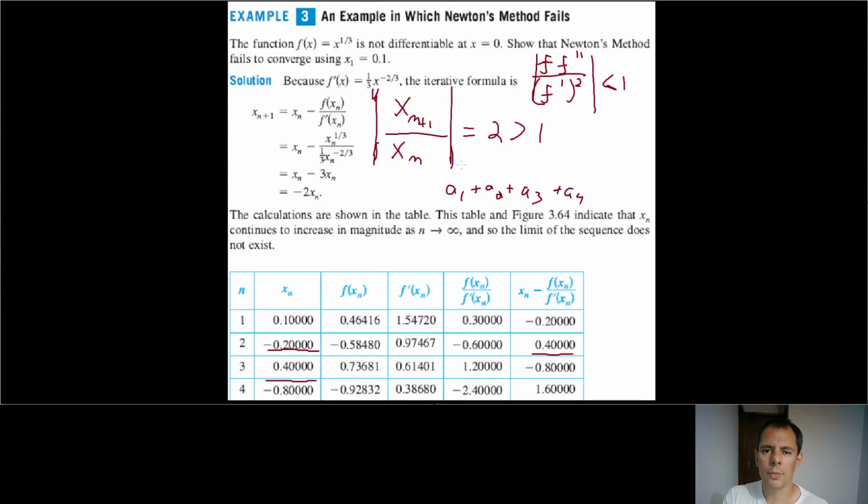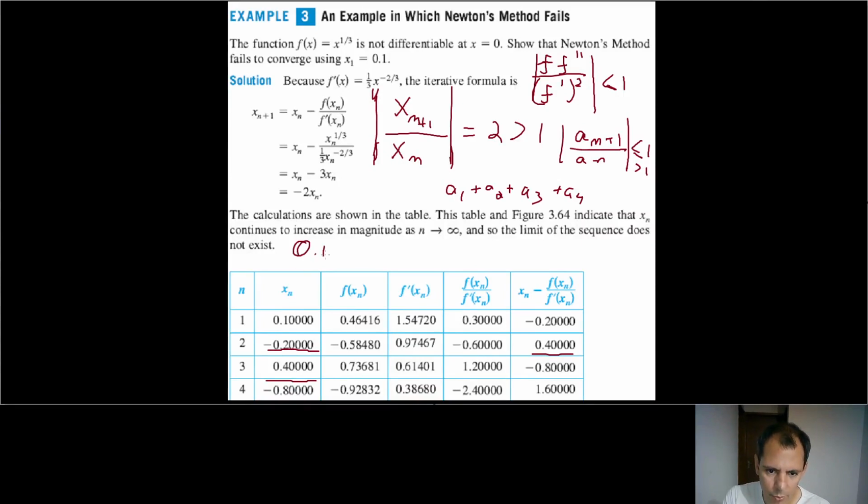One of the methods we can use to see if the sum is going to converge to a limit is a sub n plus 1 divided by a sub n, taking the absolute value of this. If it's less than 1, it converges. If it's greater than 1, it diverges. You can see this here visually.